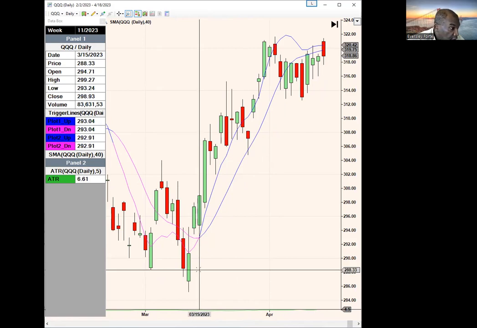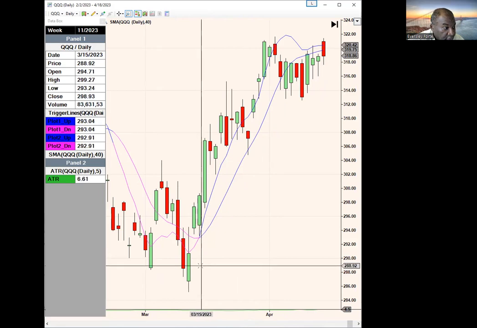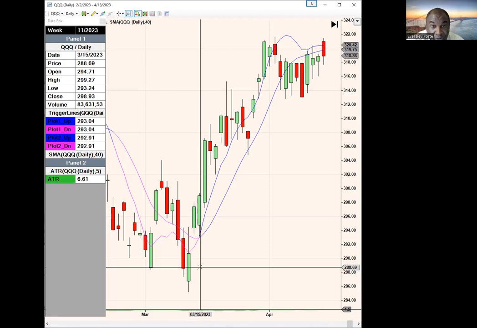So on this day, the ATR is $6.61. That's in a data box. So that tells me that is the volatility on that day of the QQQs. It's telling me that on average, every 5 days, the QQQ is moving $6.61. It's a measure of volatility of the underlying ETF.